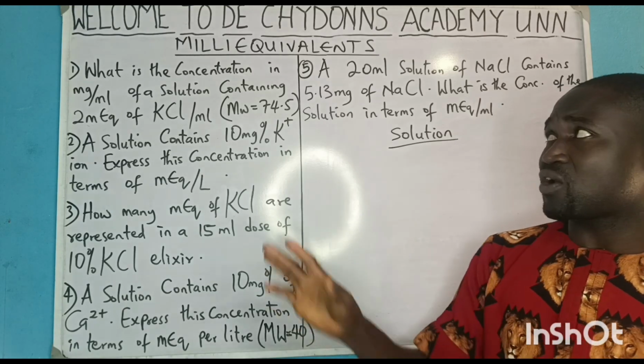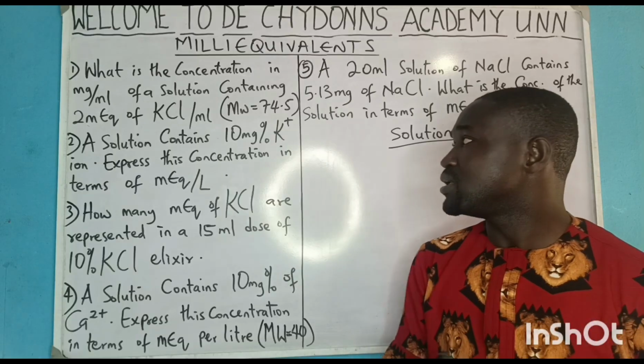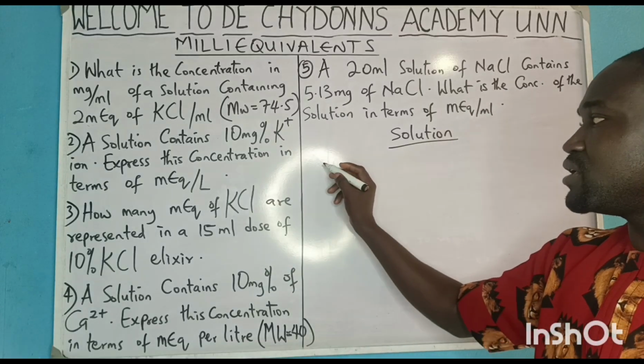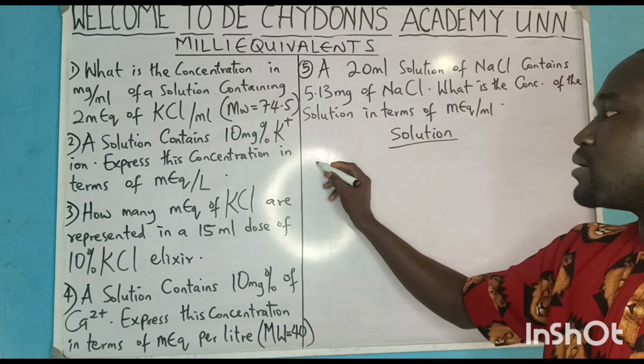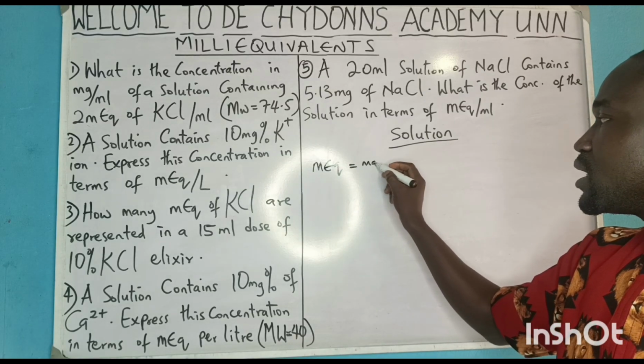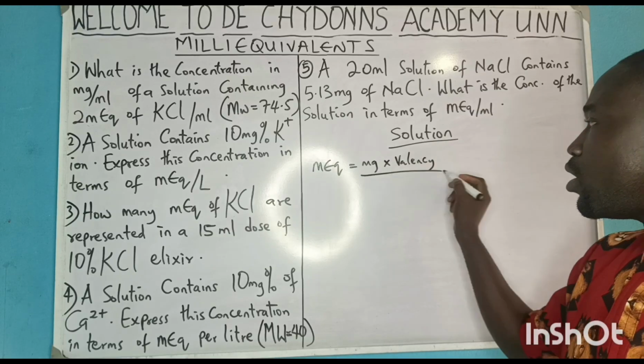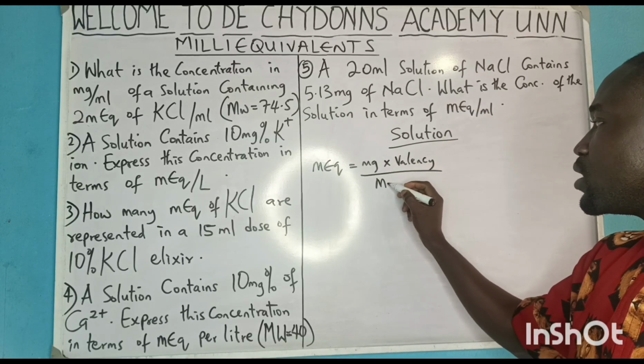Before you do this calculation on milliequivalent, you must have these formulas in mind. Number one, milliequivalent is equal to milligram times valency all over molecular weight.